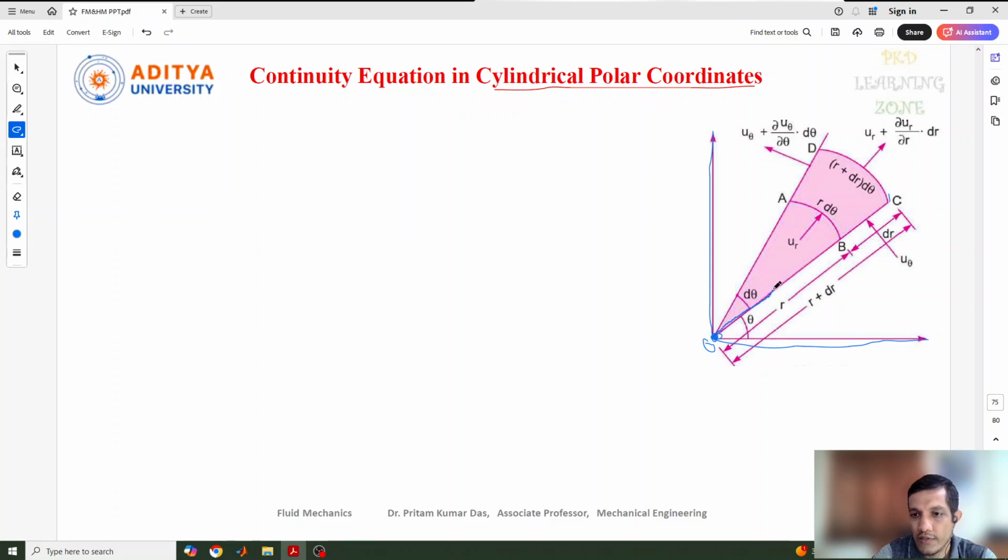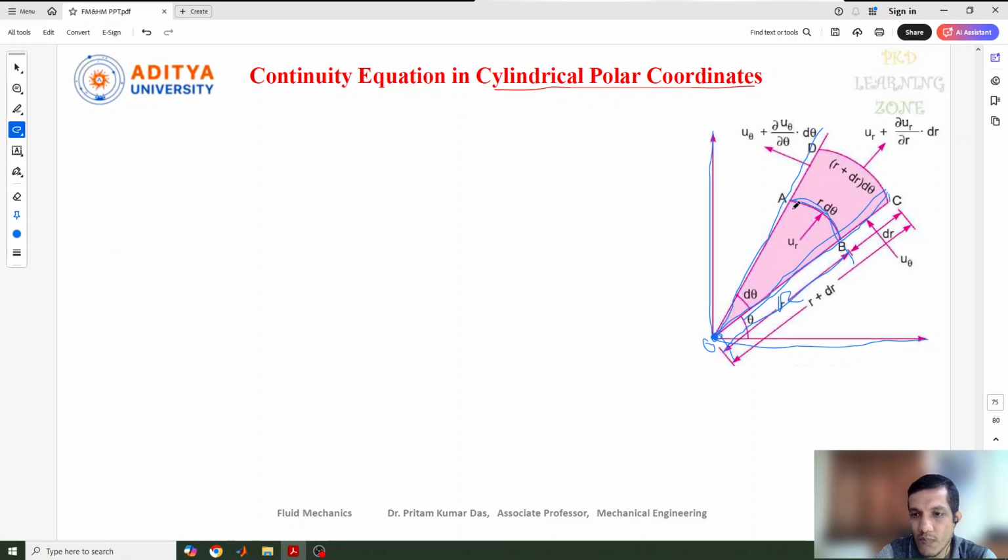This is one point and this is another one, and this fluid element is at a distance of r. You can see this is the radius of the point location, and AB is the radial part of this.